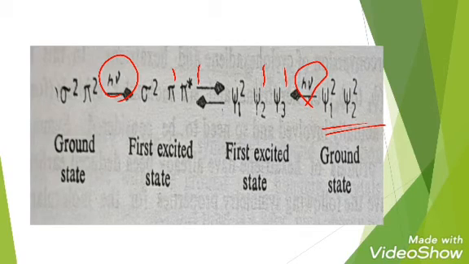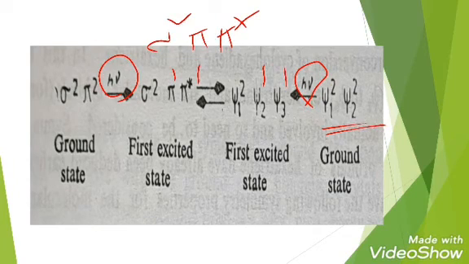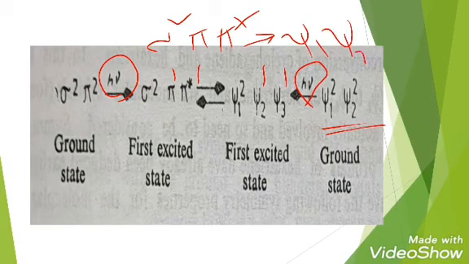So here sigma 2 pi star 1 correlates with the psi1 2 psi2 1 psi3 1 of butadiene. So the first excited state of cyclobutene orbitals correlates with the first excited state orbitals of butadiene.